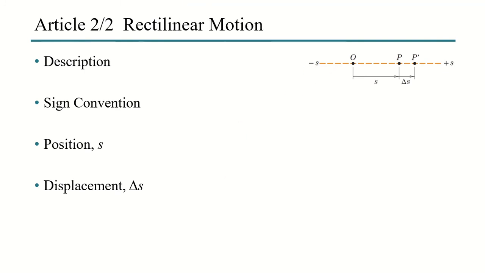So S is the position from the original position of the particle at point O. This is the reference point. The particle is moving to the right to this point P, covering this distance. Of course it takes time for the particle to move up to this point, so we have here the time t.